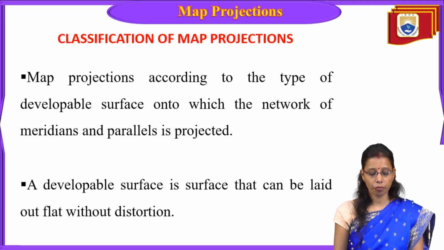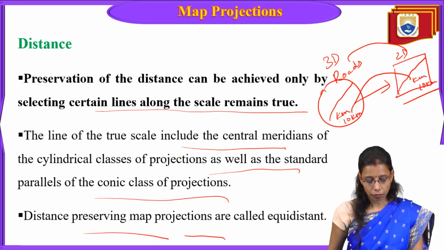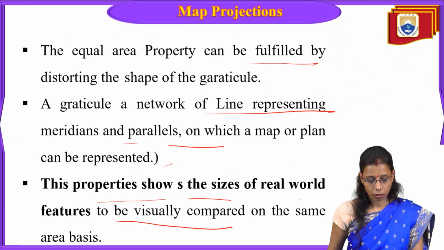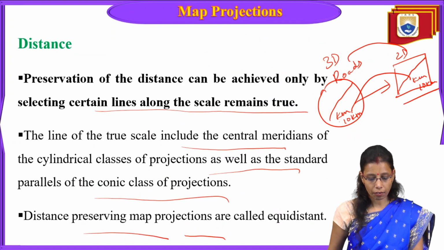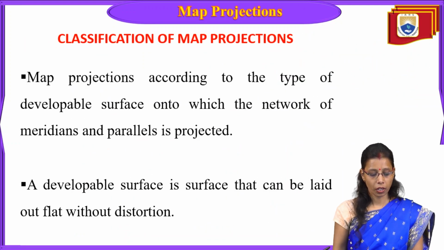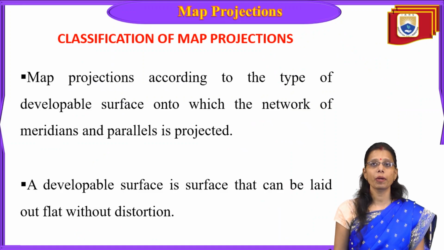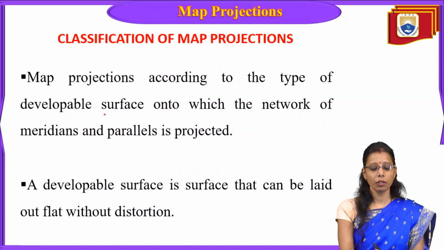Now, classification of map projections. So we have area, shape, distance, direction. Map projections are classified according to the type of developable surface on which the network of meridians and parallels is projected.